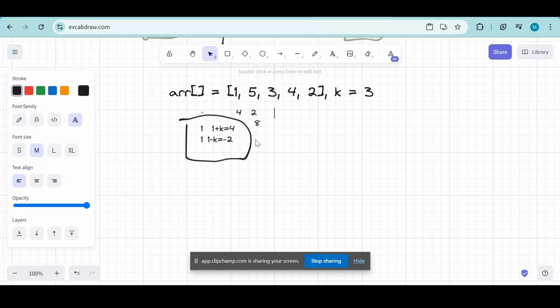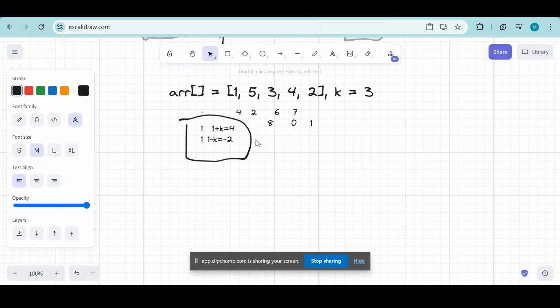For 3, 3 plus 3 is 6, and 3 minus 3 is 0, and neither is present. And 4 has two numbers that are 3 distance from it: 4 plus 3 is 7, and 4 minus 3 is 1.